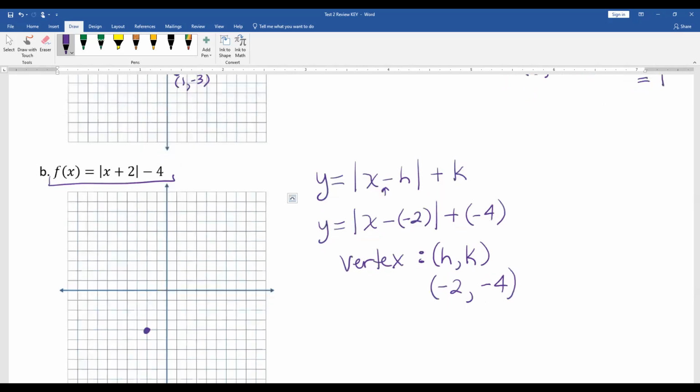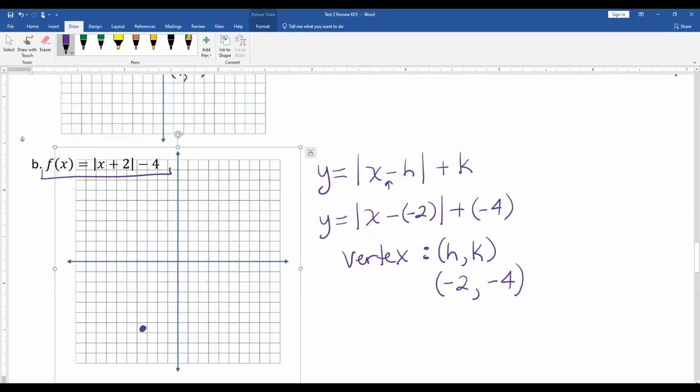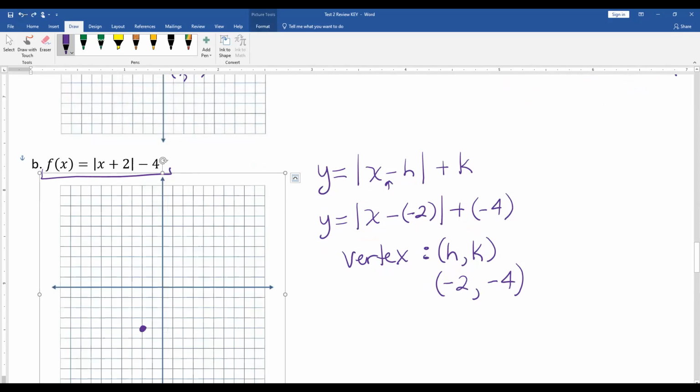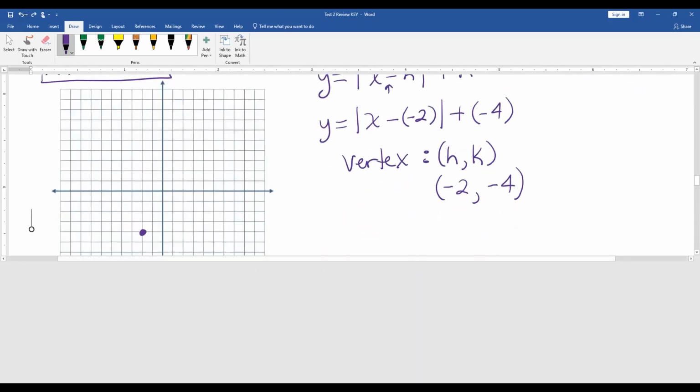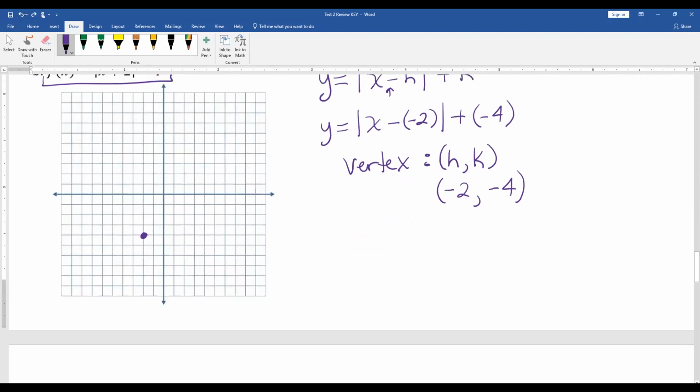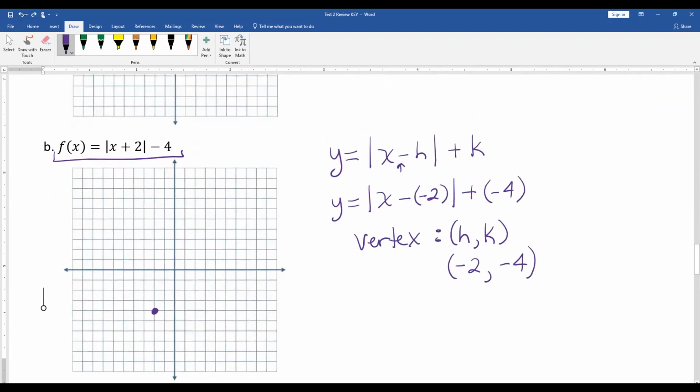The slope of an absolute value is always 1, at least where we are right now. So it's just going to go one-to-one. There it is. Something like that. That's close.